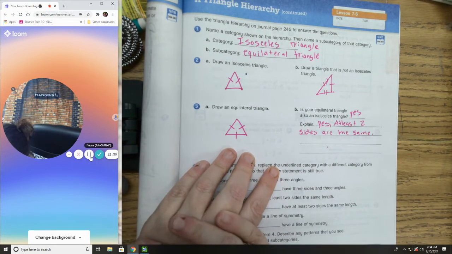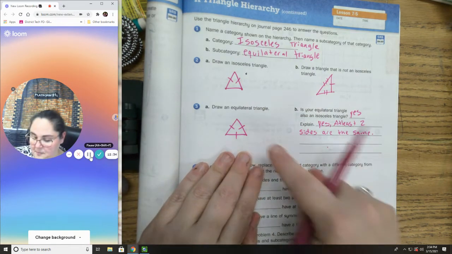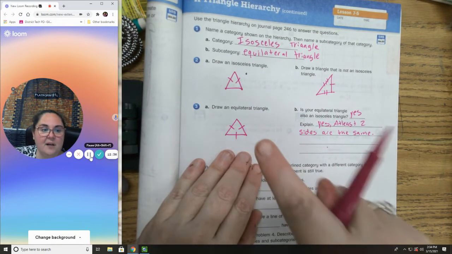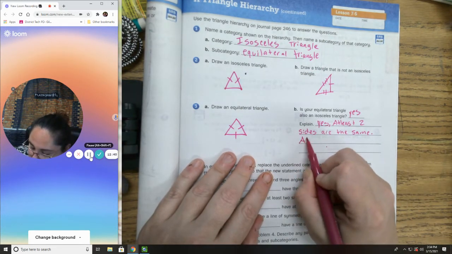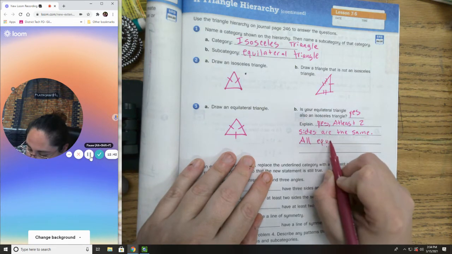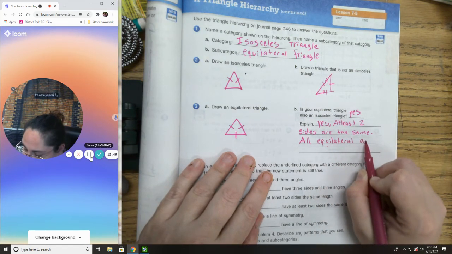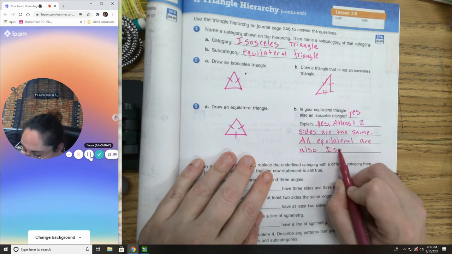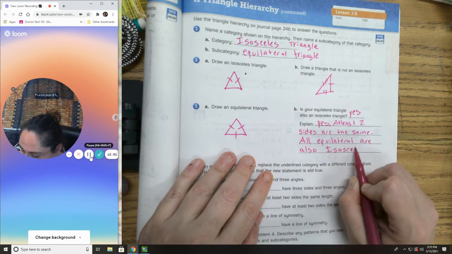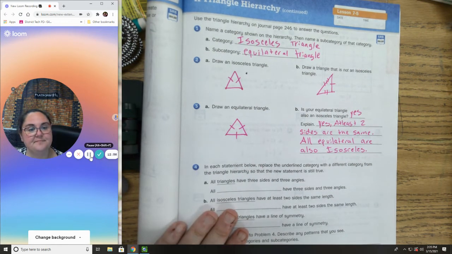Another way that you could put this, and this is a sample that they said, is because it is a subcategory, all equilateral are also isosceles. Period. Done.